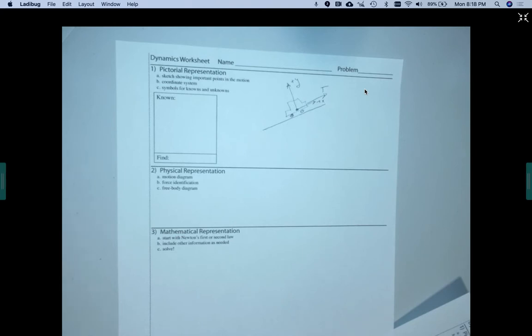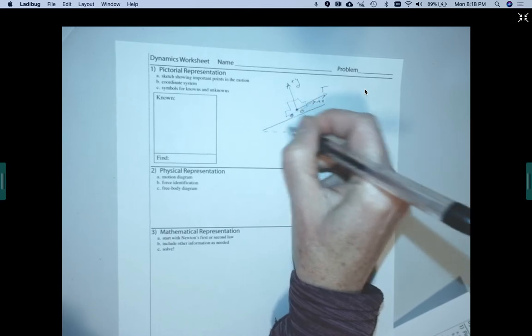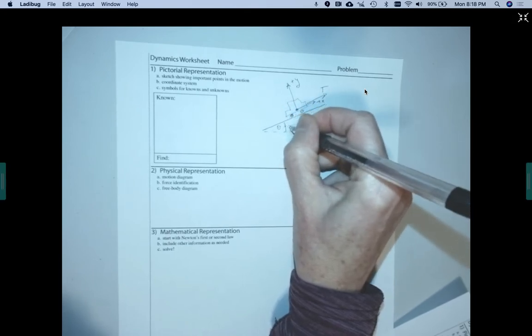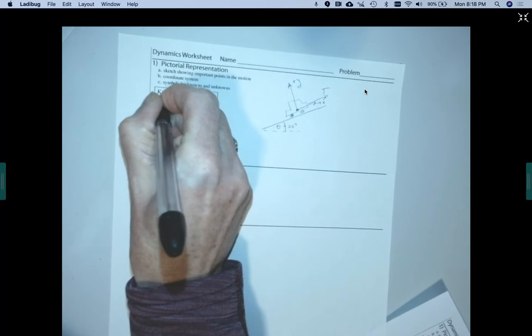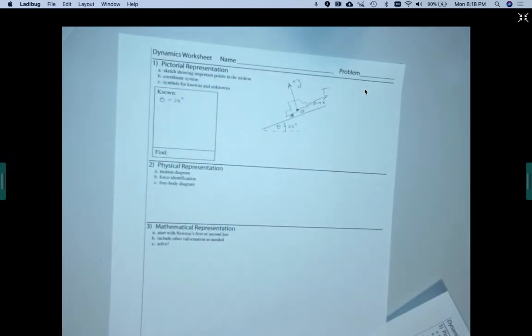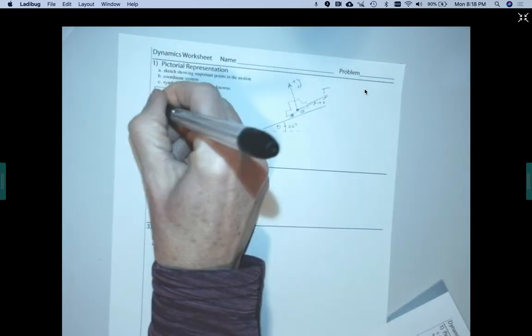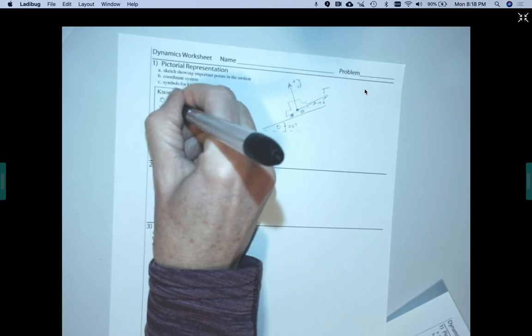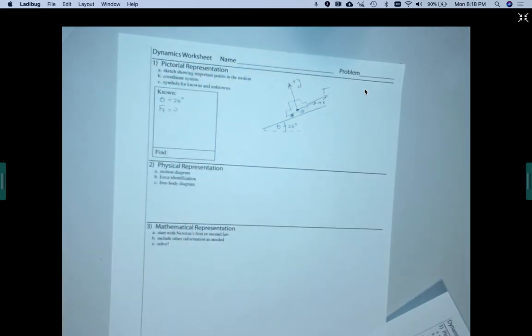And so what do we know? We know that the incline was at an angle of 20 degrees. So that's one of our knowns. It said friction was negligible, so the force of friction is 0, which is good because we haven't talked about that yet. And then what else does it tell us? It's going at a constant velocity.